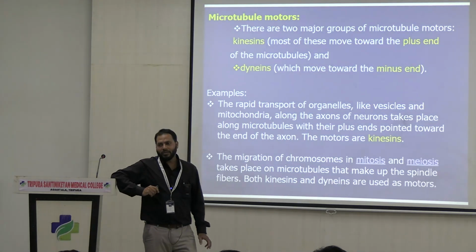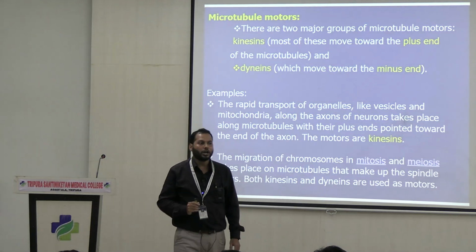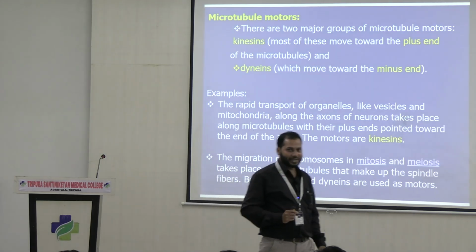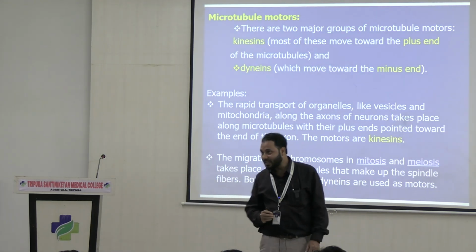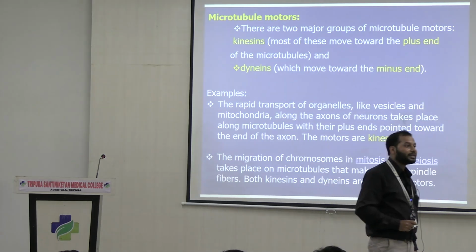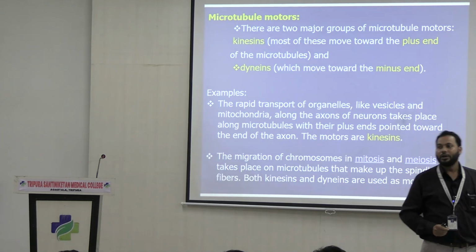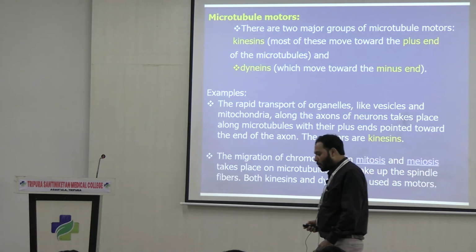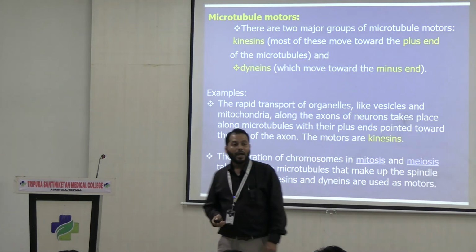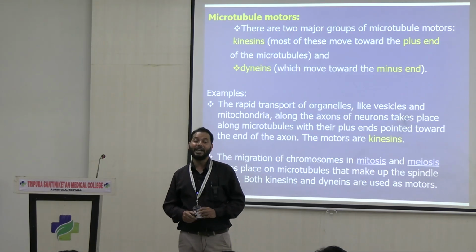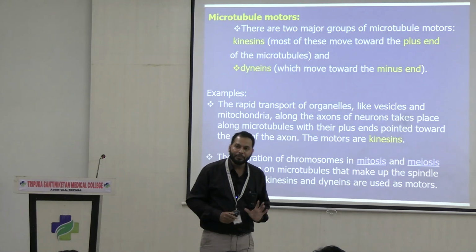And the same thing you can see during cell division. In both the mitotic and meiotic cell divisions, in a particular phase of cell division, there is a movement of chromosomes towards the pole, and that chromosomal movement towards the pole is basically carried out by certain types of protein.